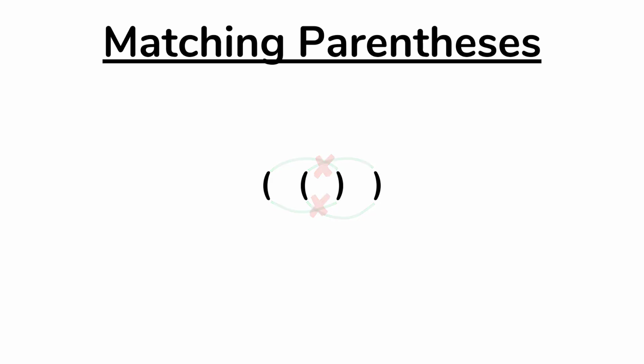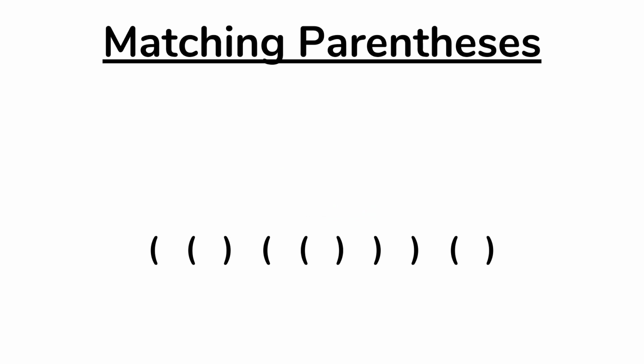So instead, we'll need to match these up in a different way, matching the inside parentheses together and the outside parentheses around that. That sounds simple, right? But let's try a more complicated example. Can you match up the parentheses here? Remember, the strategy is to work from the inside out. So we'll start by looking at parentheses that are facing each other with nothing in between.